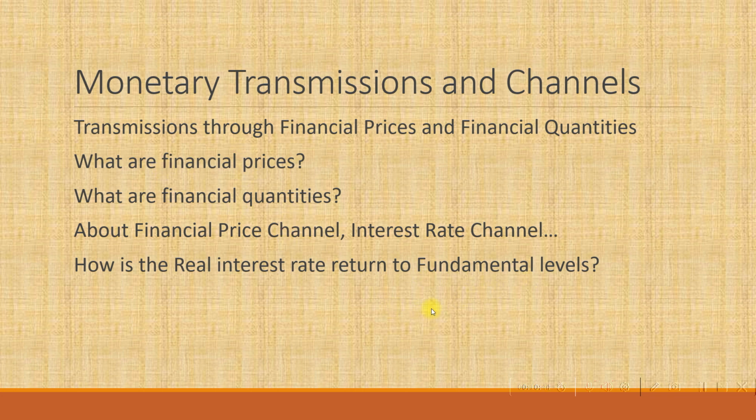So this completes monetary transmissions and channels, and we have come to the conclusion of the operating procedures of monetary policy in India, where we have seen all the operating procedures of monetary policy, which is an operational target, money market operations, how calibration of short-term market rates is done, and it also has explained a special way of signaling policy intentions. Thank you.